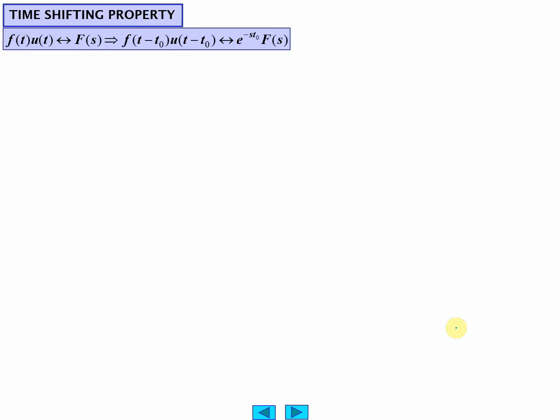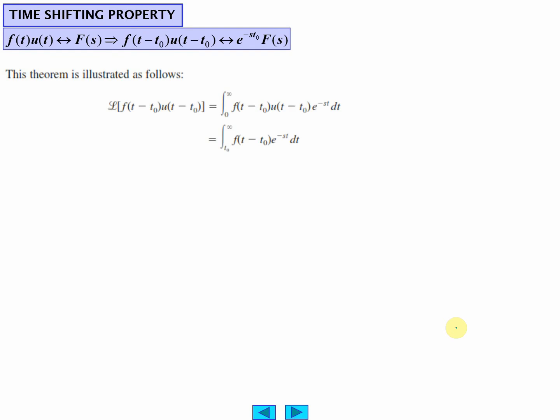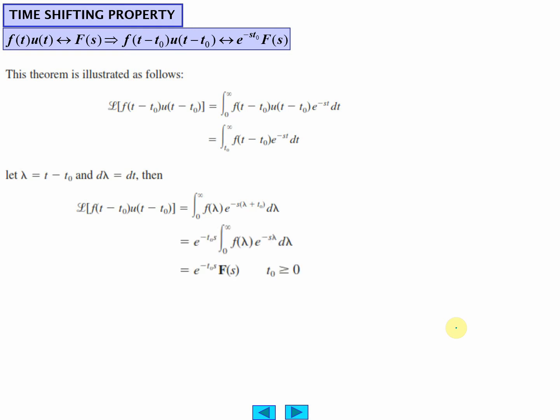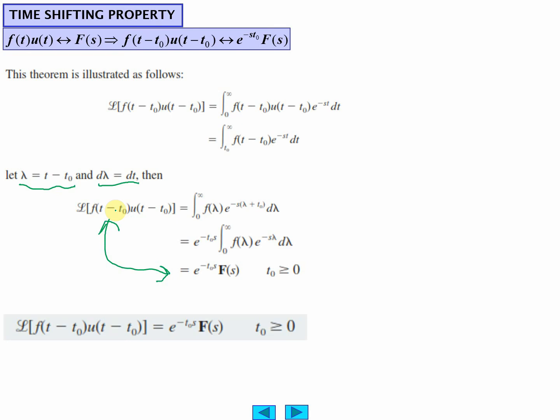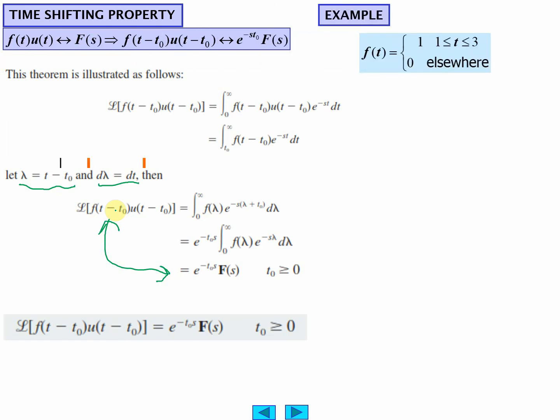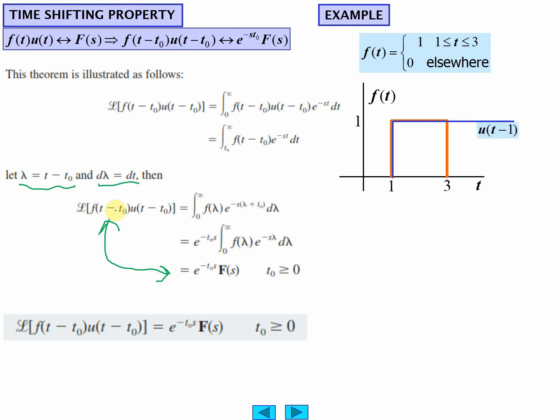Okay, time shifting. So that's when you have a function that doesn't start exactly at 0. You want to do something a little different. And this is just a change of variables to prove this identity. So you have that kind of thing going on.